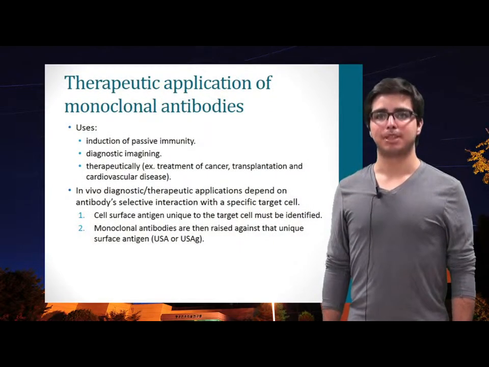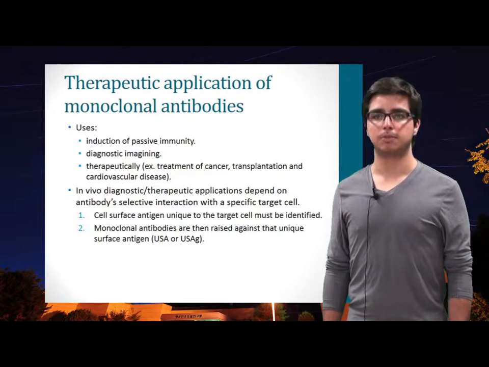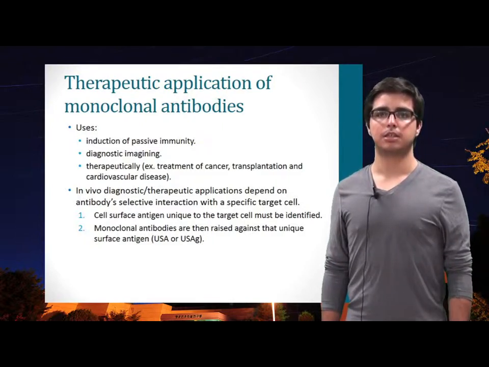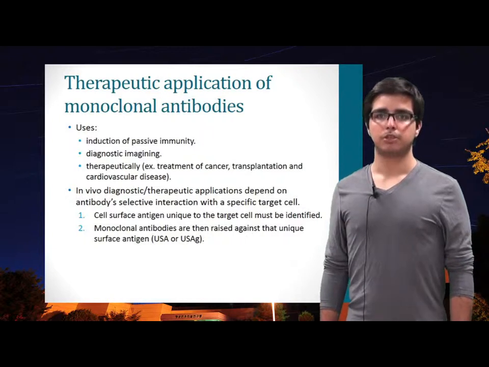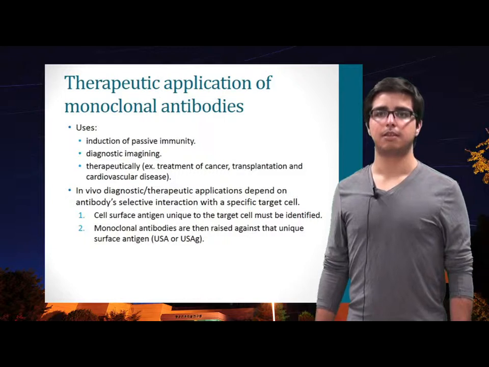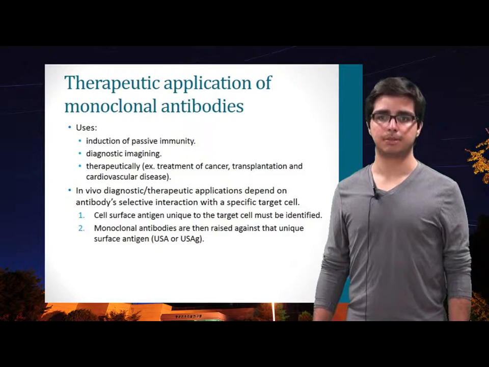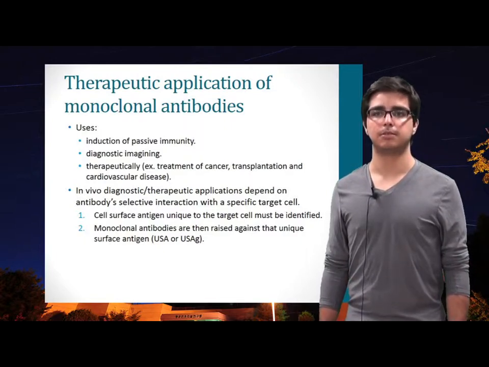These are some therapeutic applications of monoclonal antibodies, such as the induction of passive immunity against an antigen, also diagnostic imaging, as well as treatment of cancer, transplantation, and cardiovascular diseases. In order to use antibodies for in vivo diagnostic or therapeutic applications, we first need to identify the antigen, and then once we identify this antigen, we're able to raise monoclonal antibodies unique for this surface antigen.